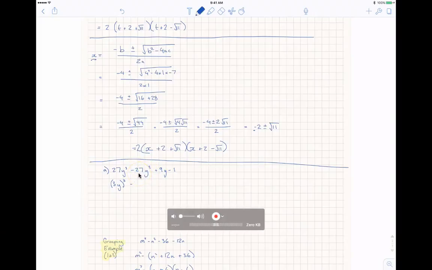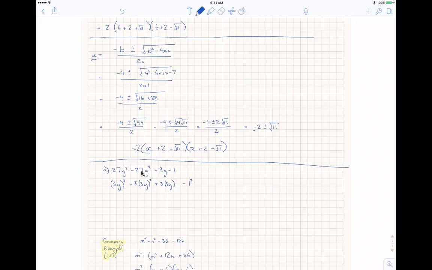The second term is 3 times 9, and 9 is 3 squared, so we can write 3 times 3y squared. The third term, we can write as 3 times 3y. And the minus 1, let's write that as 1 cubed.